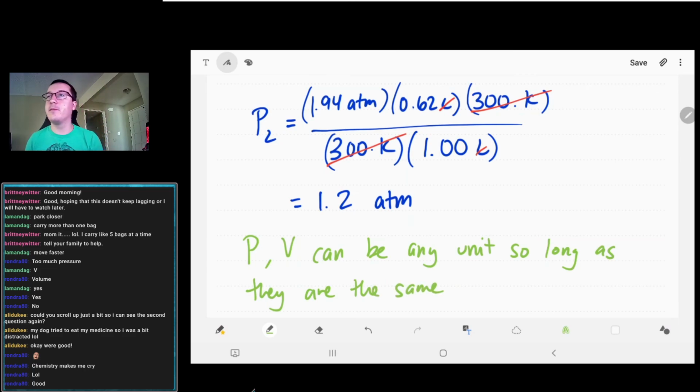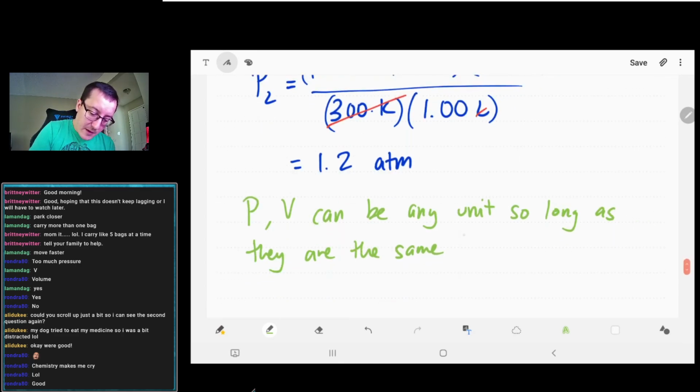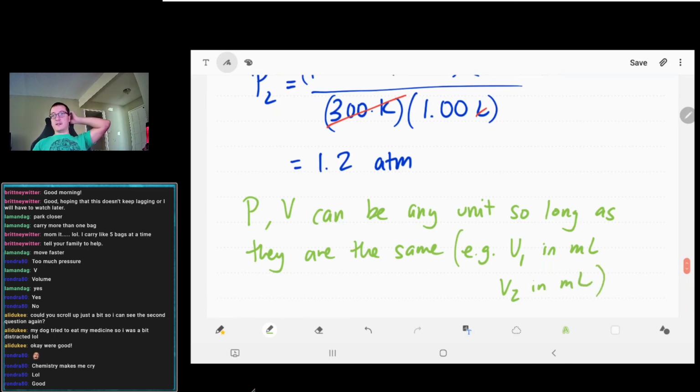Let me explain that. Your units can be whatever you want for pressure and volume, as long as they're the same.